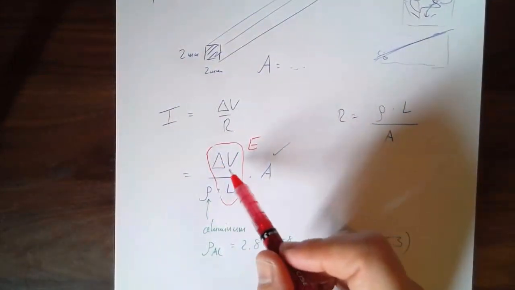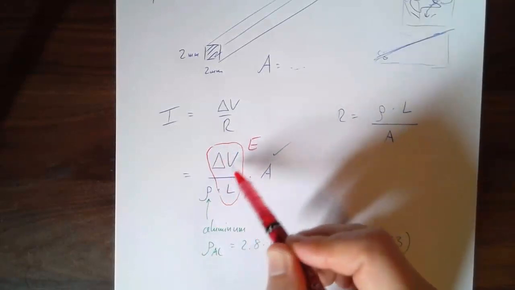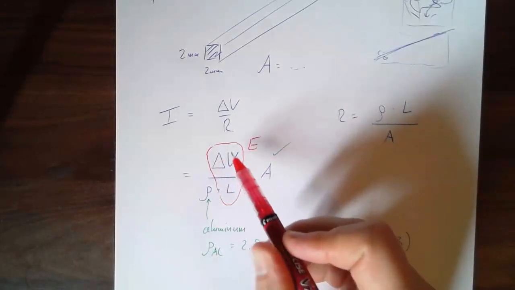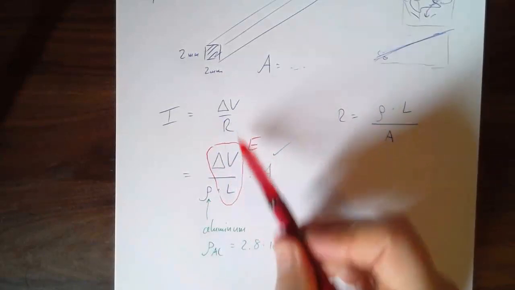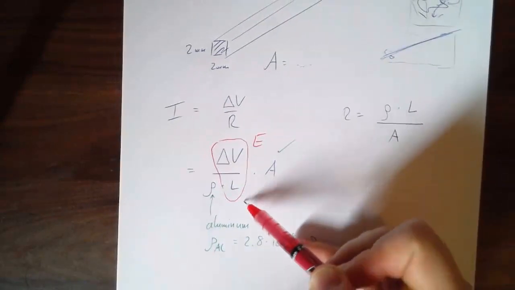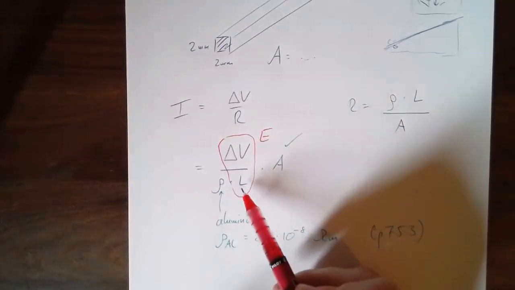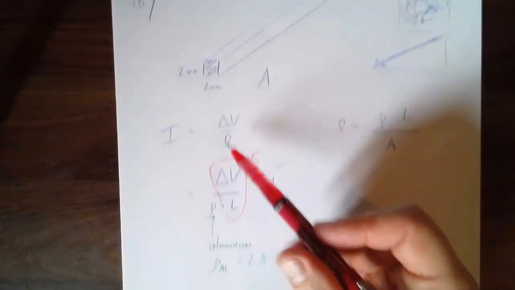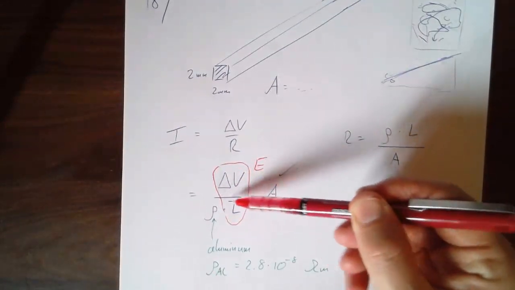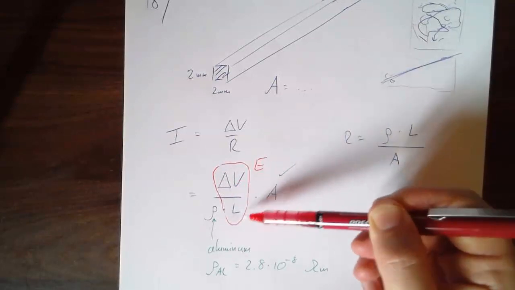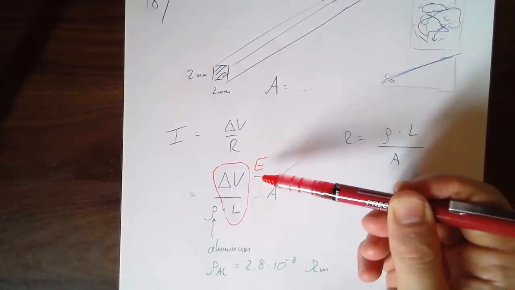Normally delta V is one thing we decide by battery, like what battery we're hooking our wire up to, and the length of the wire is kind of a given. Here's a 2-meter long wire. But in this case, we don't know how long the wire is, but we know the potential difference per length. That's the electric field.